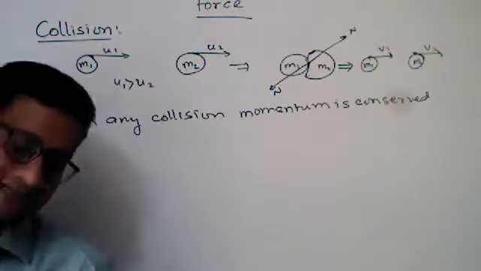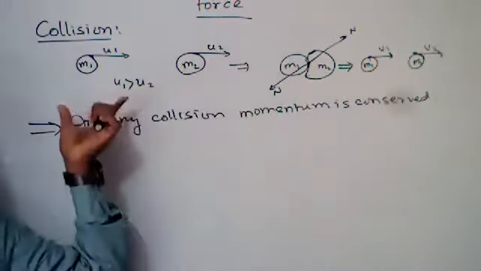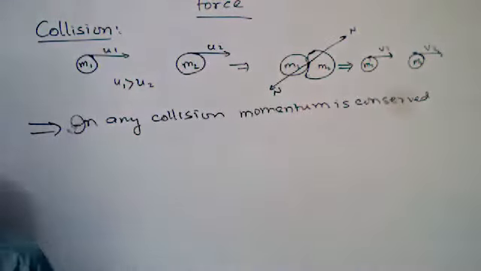At any stage of the system, the momentum is conserved. In this stage, in this stage, and in this stage: before collision, at the time of collision, and after collision, the momentum will be conserved.